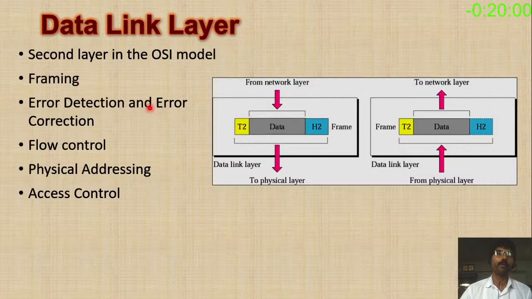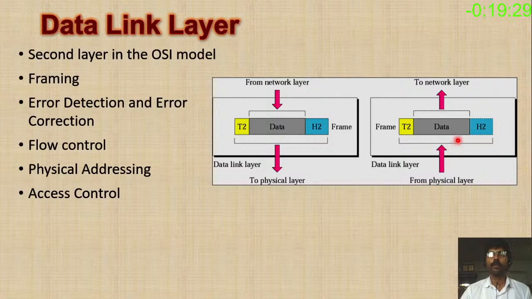One more job of the data link layer is error detection and error correction. When you send some data from the source, it is in the form of bits. It will transmit the data using the physical layer and send it to the destination in the form of bits. When it is received at the receiver, there may be a possibility that some bits are corrupted. The data received is not correct.